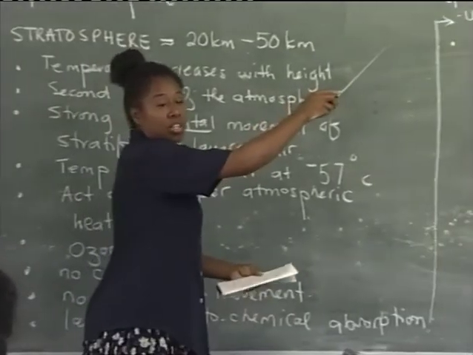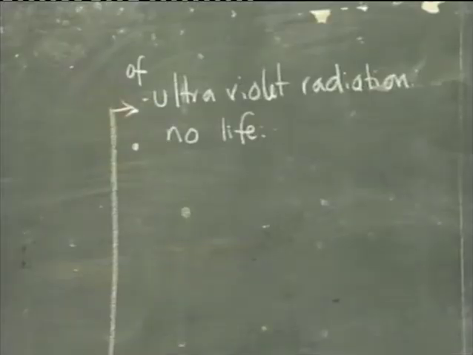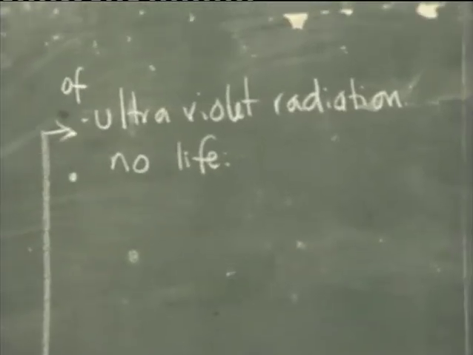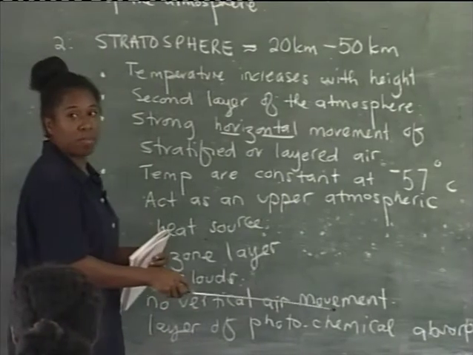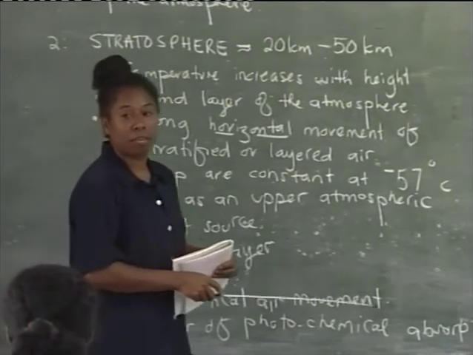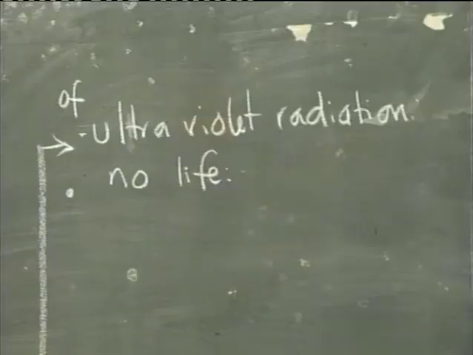If 100% of the radiation from the sun comes straight to the surface, then it becomes very, very dangerous for living cells. Because of the ozone layer and the absorbing of the ultraviolet radiation, most of the poisonous radiation sent from the sun is absorbed. Only those that come through are the ones that are able to contribute to the process of photosynthesis.